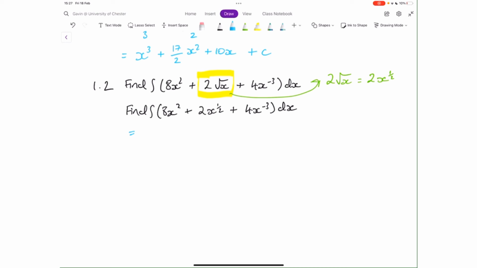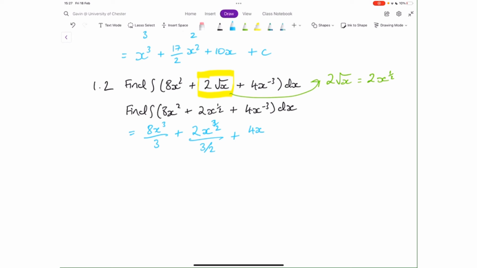which is equal to, first of all, I will add 1 to the power, so that becomes 8x cubed divided by the new power, plus here 2x to the 1 1/2, so 2 times x to the 1.5, which will give me 3 over 2 divided by the new power, plus 4x.